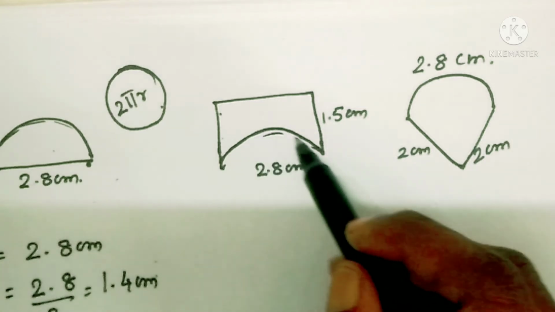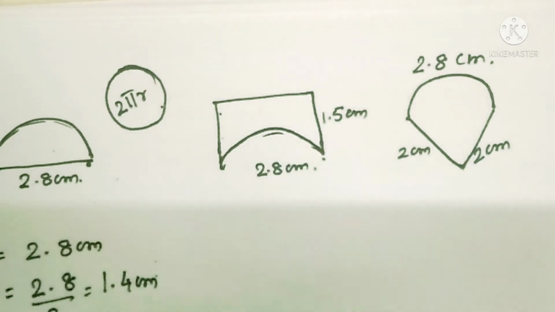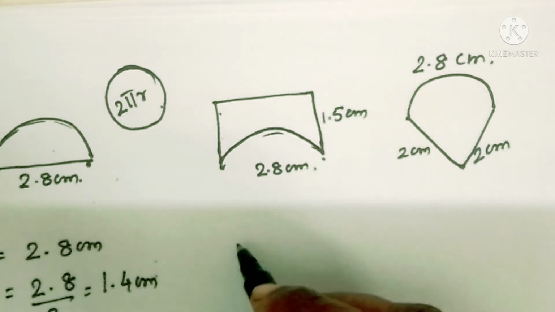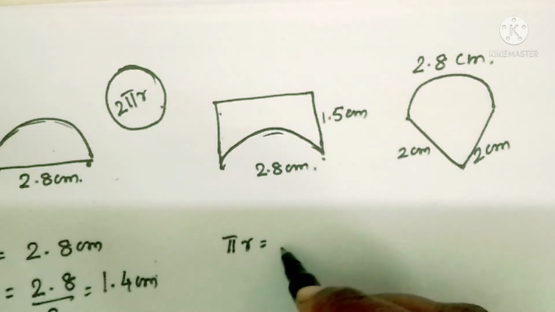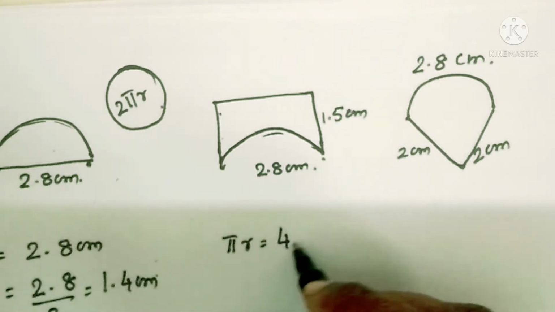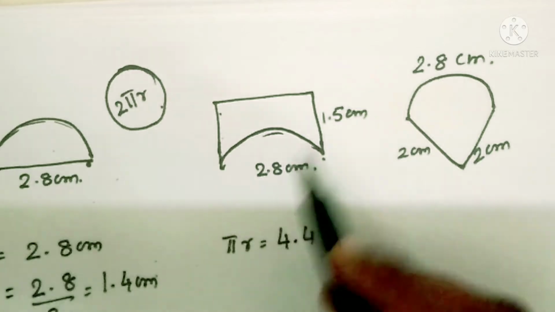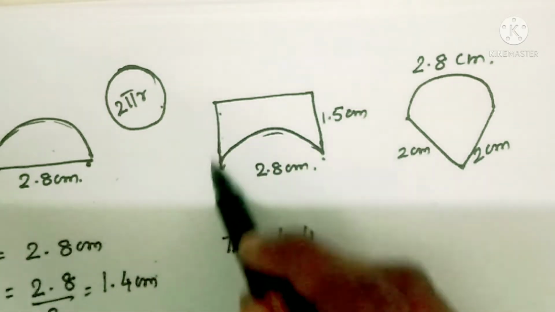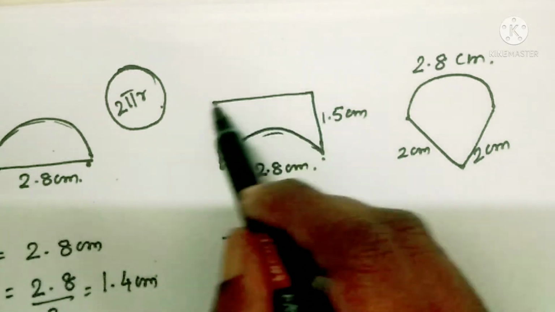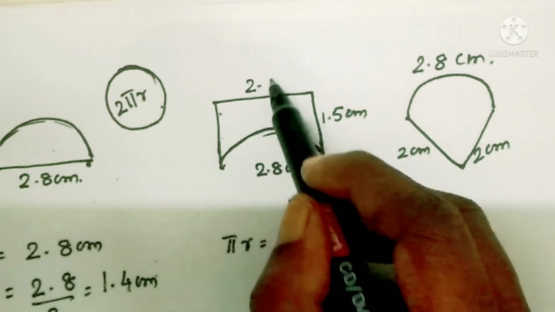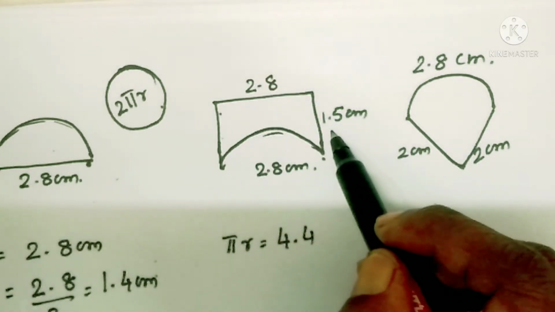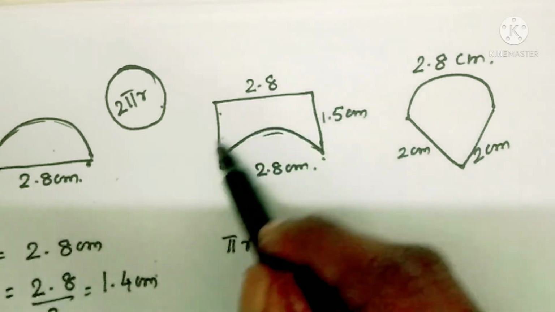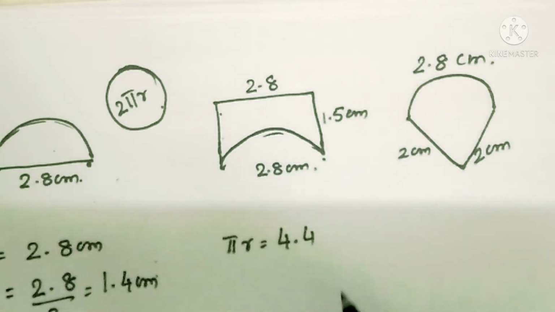Now if you see this picture, here also there is a semicircle. If the ant moves like this, the perimeter is the same, pi r, which is 4.4 as you got in the previous one, but it also has to move this way. This distance is given as 2.8. So it has to move 1.5 plus 2.8 plus 1.5.